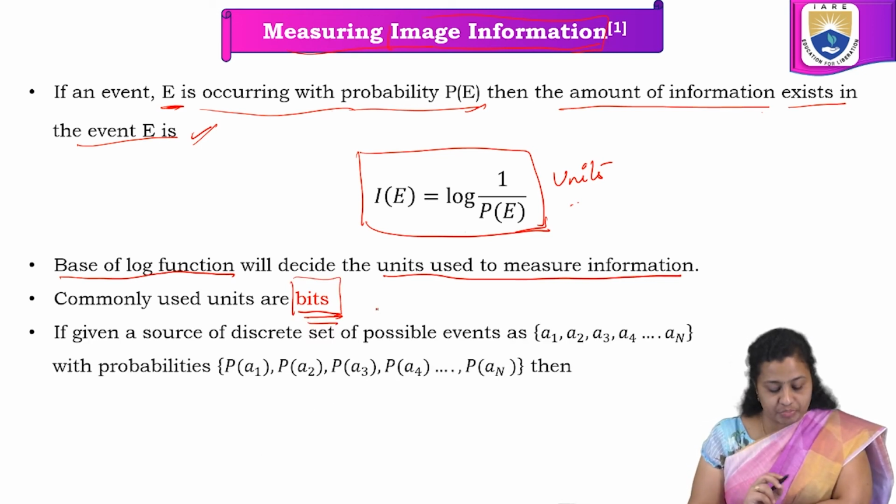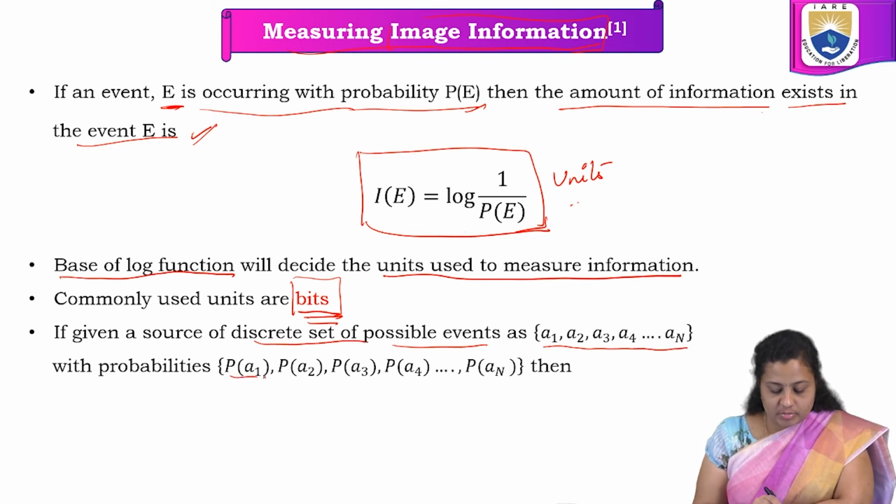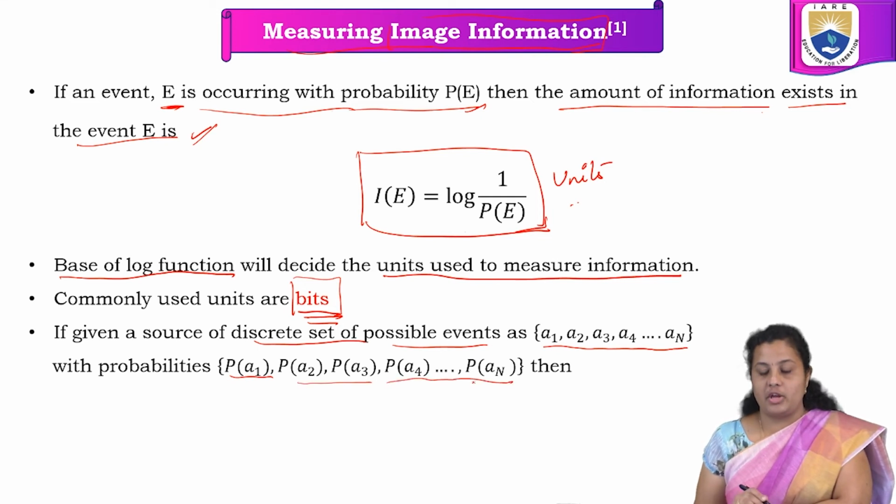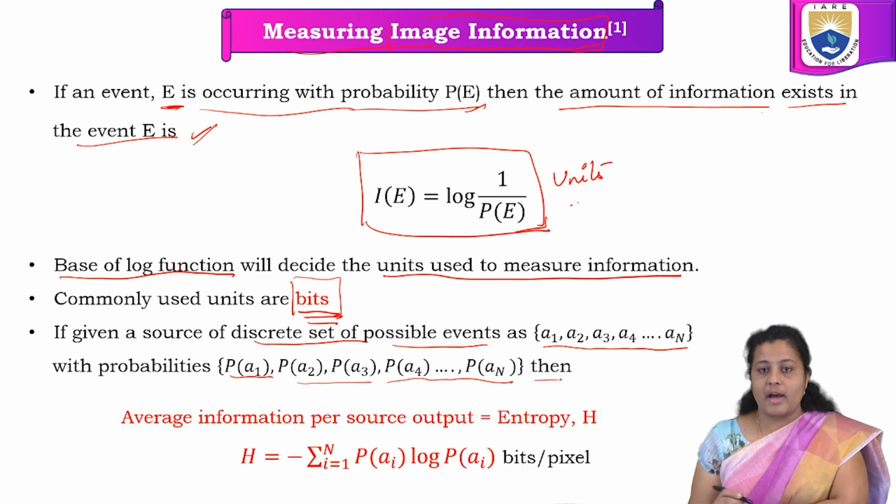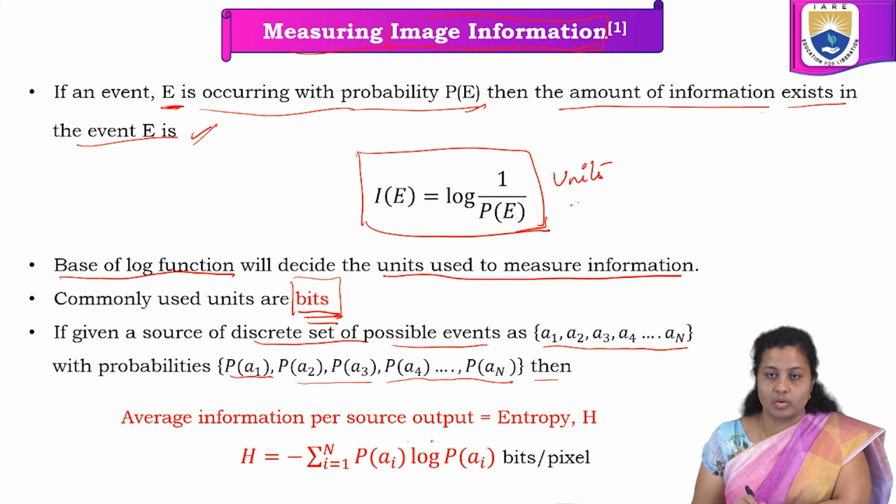Now, if a given source has a discrete set of possible events A1, A2, A3, and so on till An, then the probabilities of occurrence are P of A1, P of A2, P of A3, and so on till P of An.